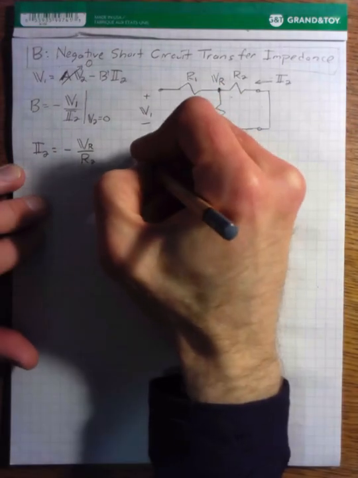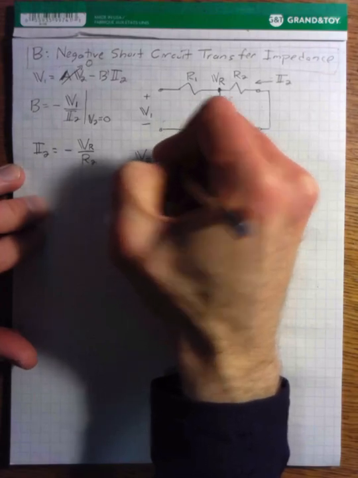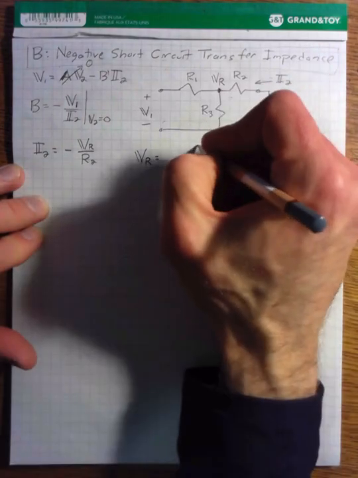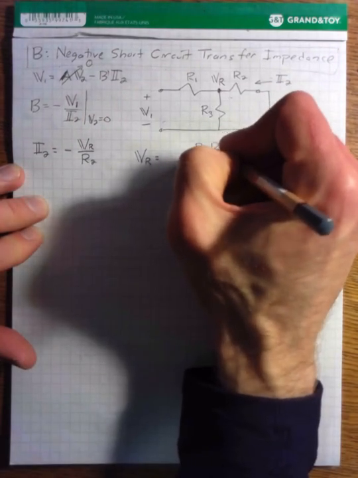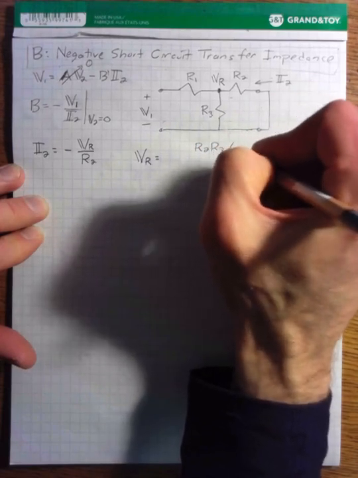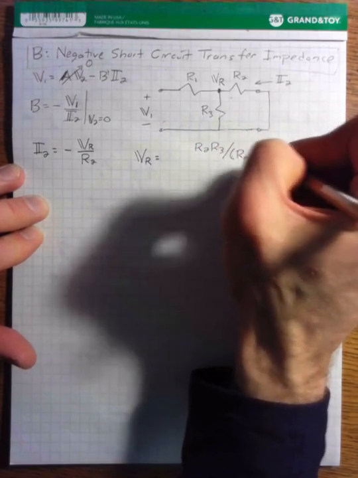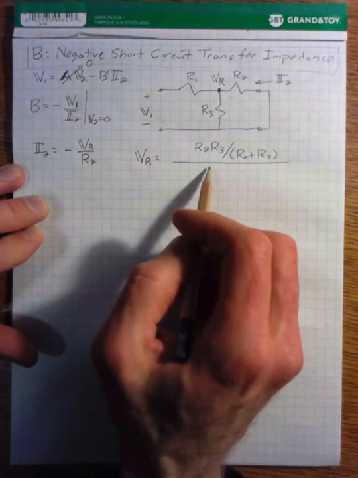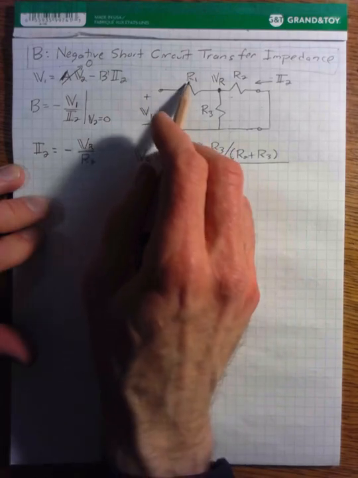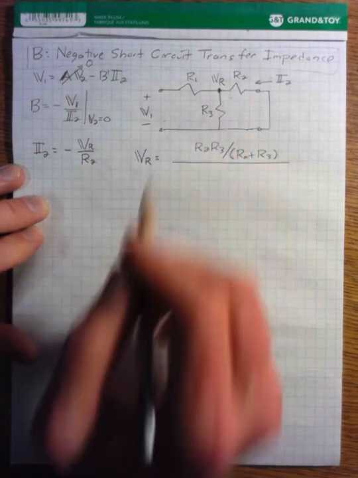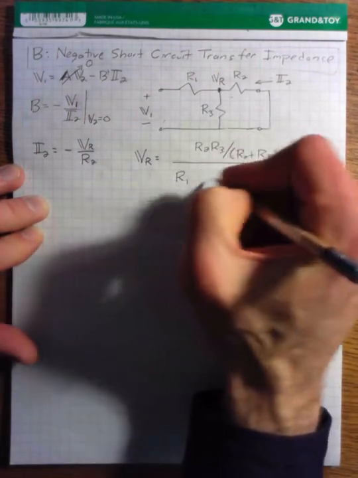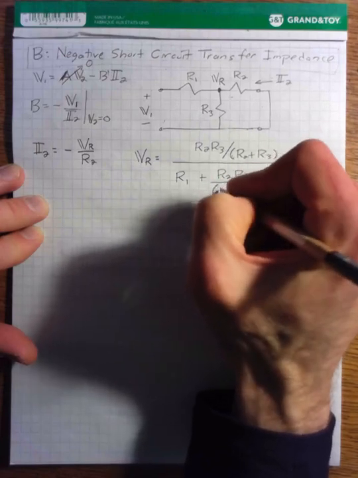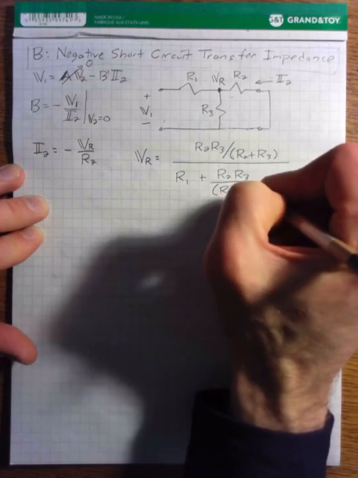And so VR is equal to the parallel resistance of R2 and R3, which is R2 R3 divided by R2 plus R3, divided by, just because this is the voltage divider rule, the summation of R1 and the parallel combination of those two. So it's R1 plus R2 R3 over R2 plus R3.